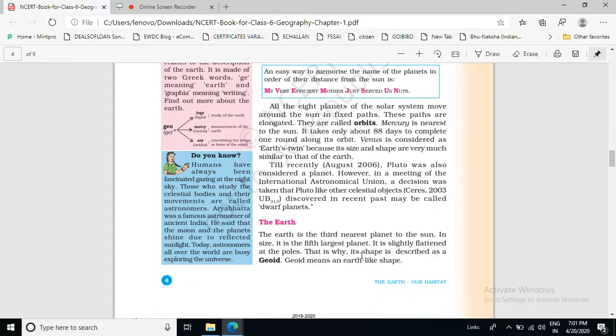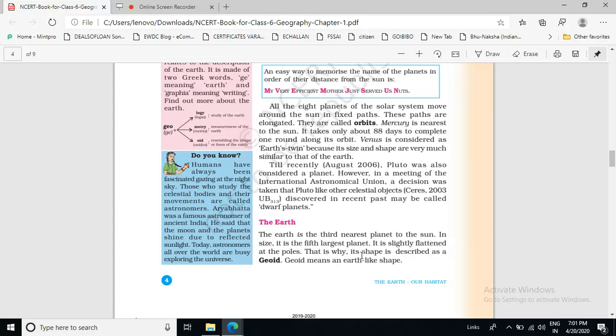Now we will know something about the Earth. The Earth is the planet on which we live, on which life is there. Okay, Earth is the only planet in the whole solar system where life exists, and Earth is our home.